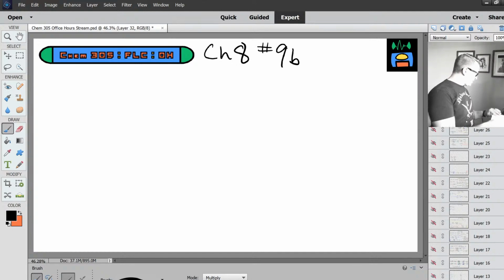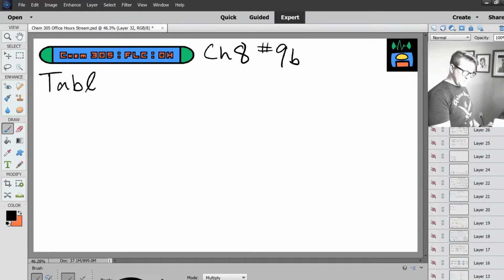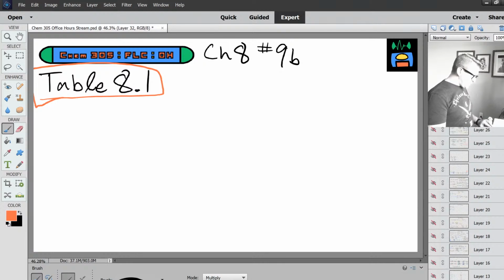So let's take a look at table 8.1, because I don't know what's in table 8.1 off the top of my head. Table 8.1 gives us the solubility of a bunch of ionic compounds at 0, 50, and 100 degrees C. We have sodium chloride.